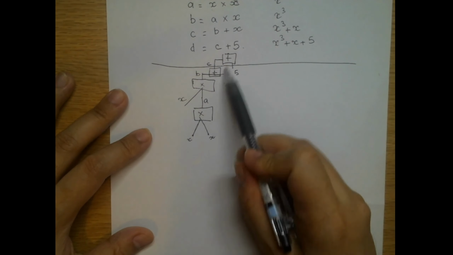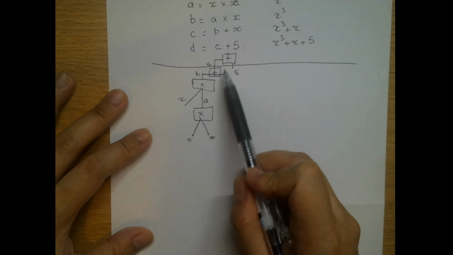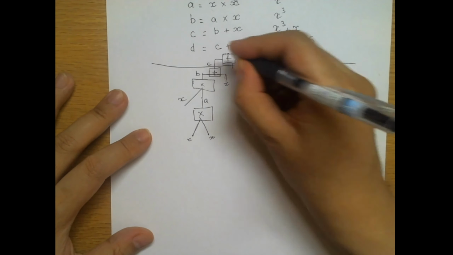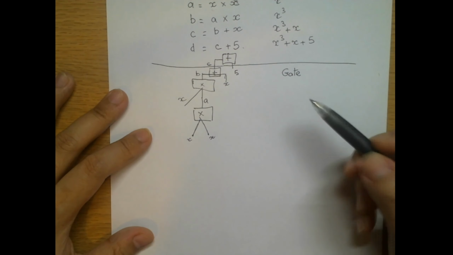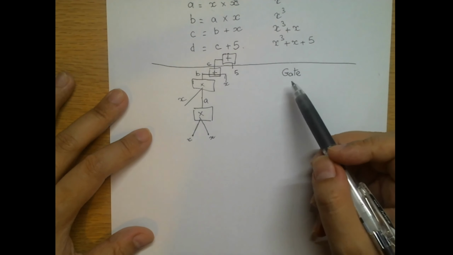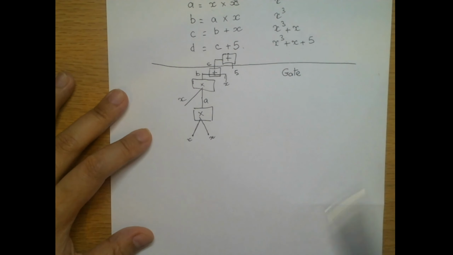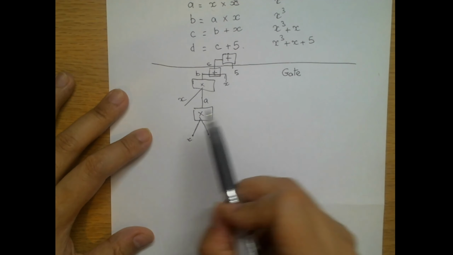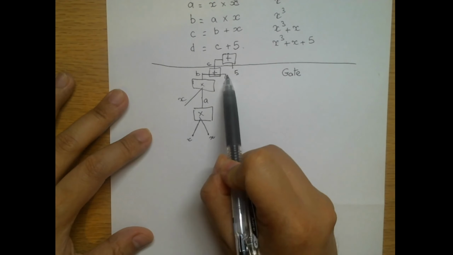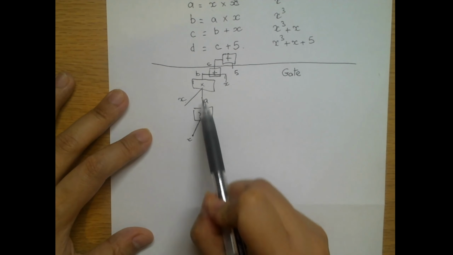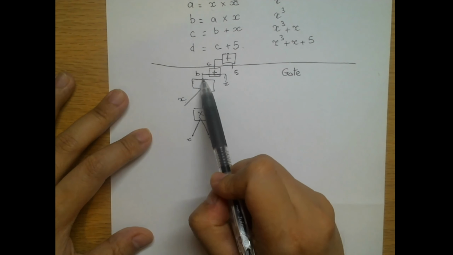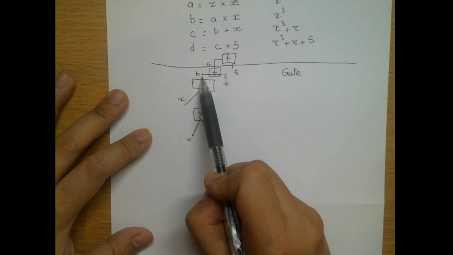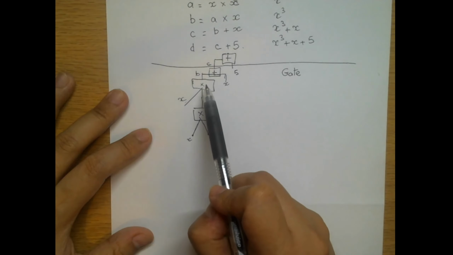So you have a series of boxes which are called gates, like the transistor gates or the logical gates in hardware. Each of these wires, so we have the wire x here, the wire a, the wire 1, each one of these wires carries one of the values.